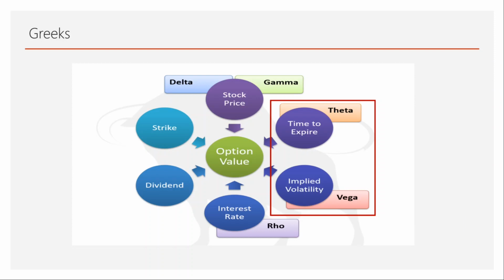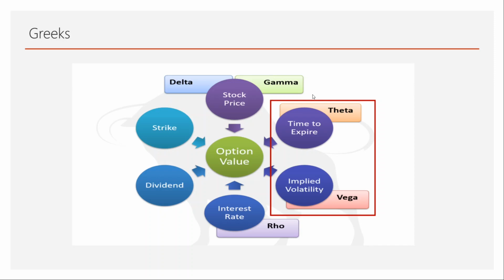In the last video, I was explaining delta and gamma. What is delta? When there is a $1 price increase in a stock, what will be the change in the option's price? That is depicted by delta. What is gamma?